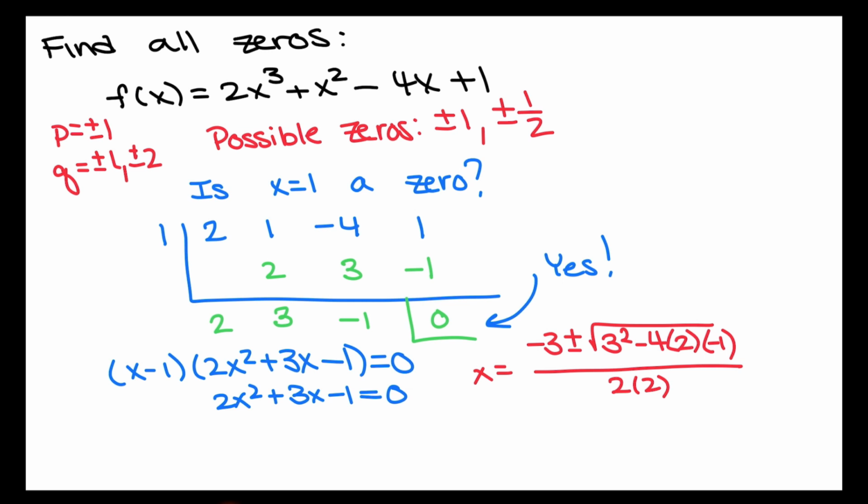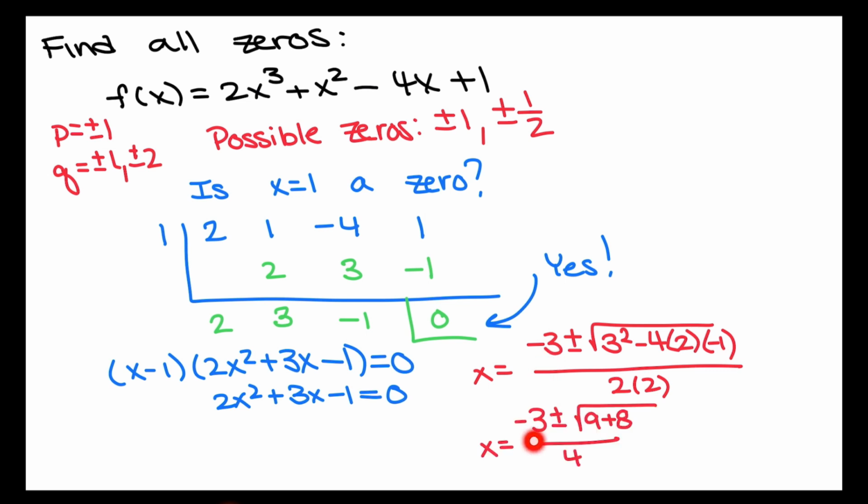I know that x will equal negative b plus or minus the square root of b squared minus 4ac all over 2a. And so I plugged in 2 for a, 3 for b, and negative 1 for c.